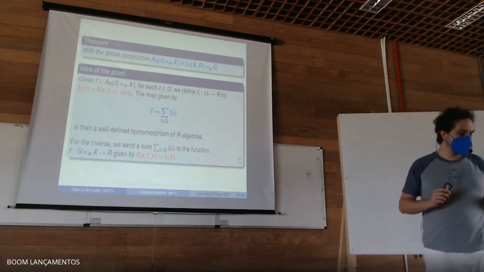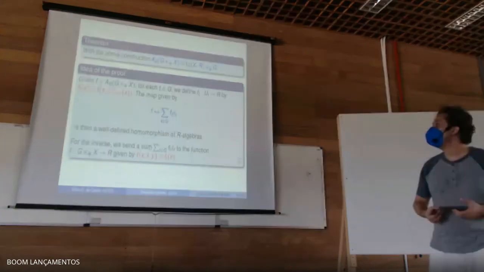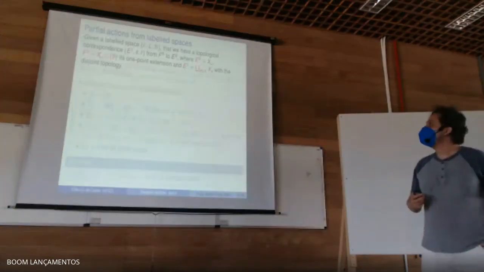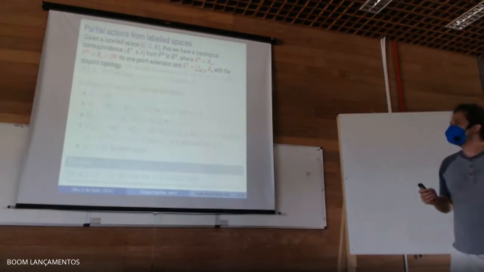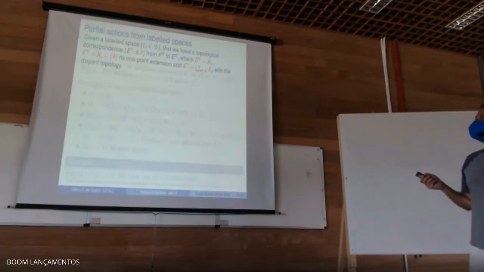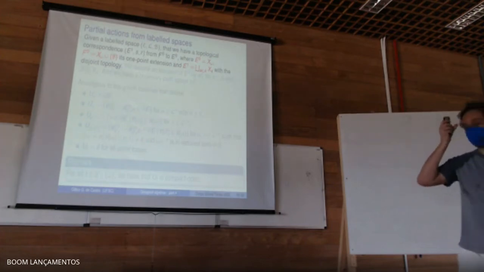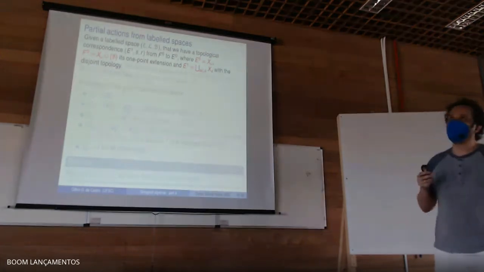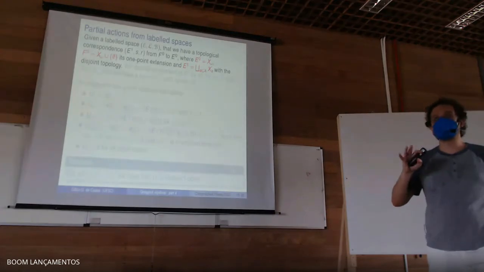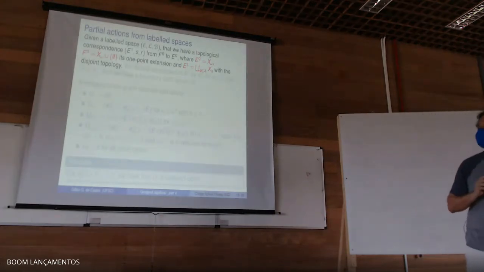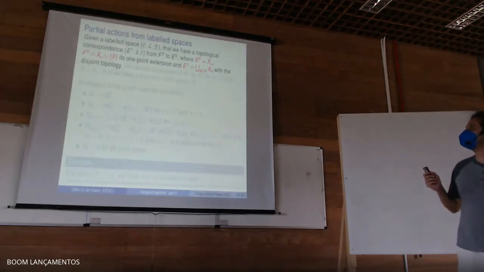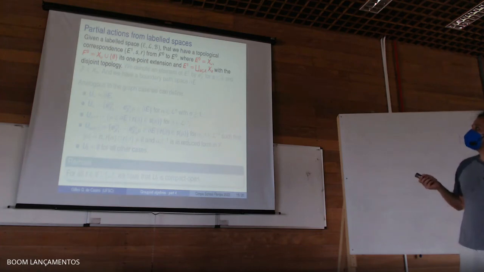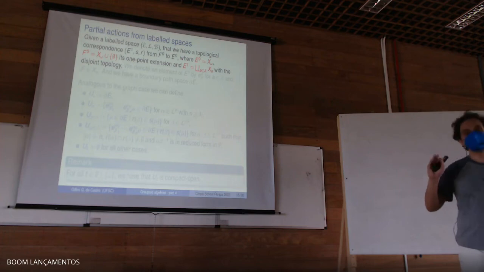But we can do the same thing. So I went a little bit fast yesterday, but the idea is that if you have a label space, we can build this kind of a topological graph, which we call a topological correspondence. And the idea is that the edges are going to be different for the range and the source map.